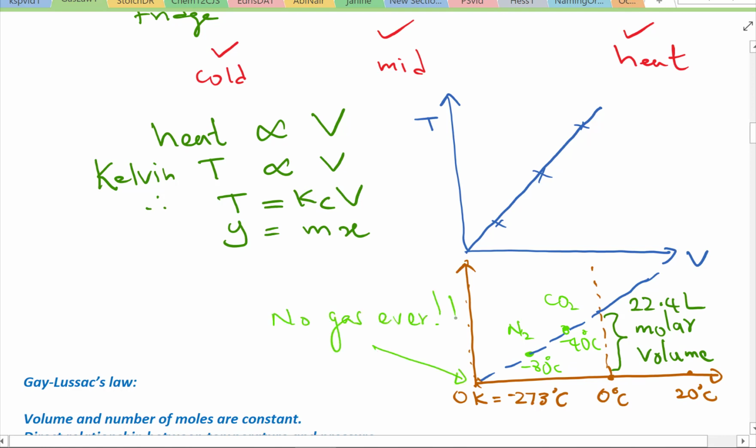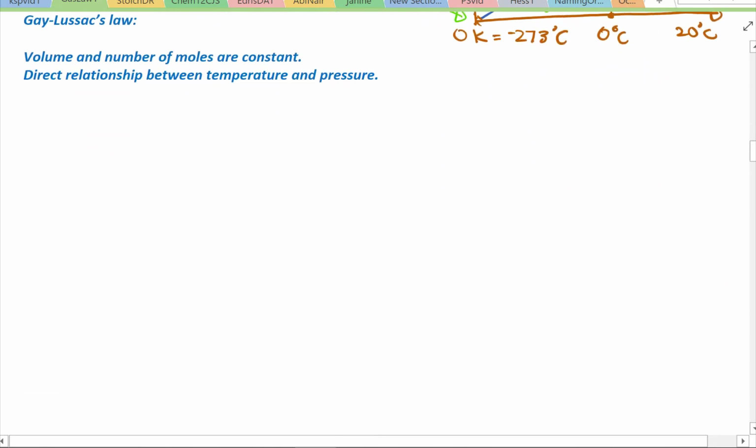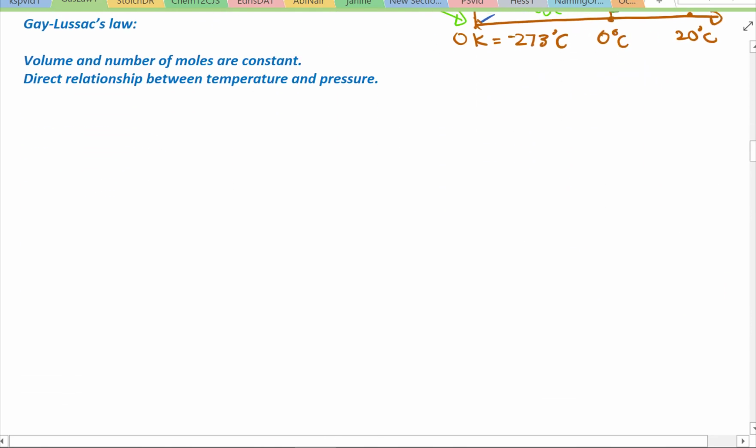You cool nitrogen to minus 80, it will be liquid nitrogen actually, right? So that means no gas is ever going to be found at 0 Kelvin. Nothing exists at 0 Kelvin, no gas, right? So we can simplify our math problems: V1/T1 is V2/T2, right?